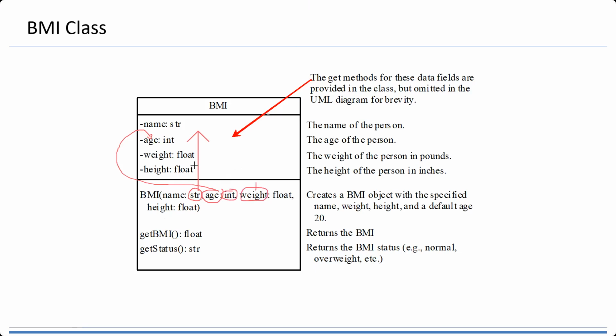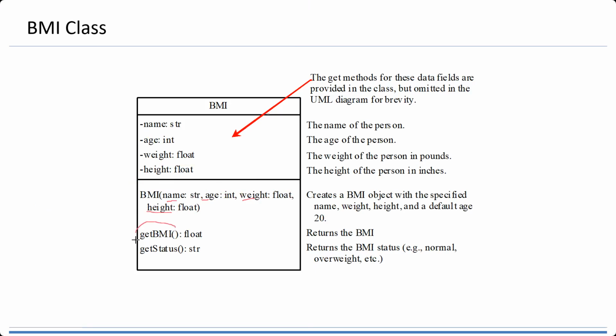Weight, this is also the data, and this is the data type. This is the data, and this is the data type. Then we have 4 data, and each of the data has its own data type.